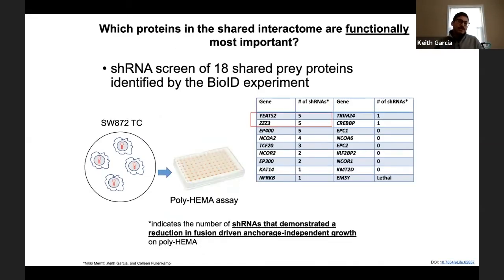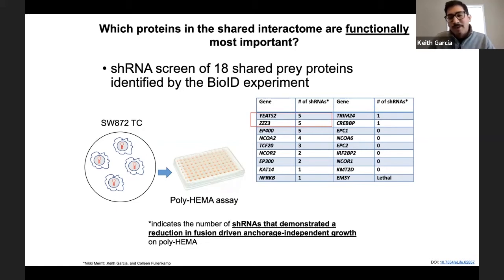And so next, we wanted to functionally characterize which of these many interactors are important with respect to the oncogenic properties of these gene fusions. And so essentially, we identified 18 top hits in our interactome, and we subsequently performed a targeted RNAi screen for these 18 genes/proteins, and really wanted to address whether if you disrupt these interactors, that reduces and abrogates the fusion's ability to drive anchorage-independent growth.